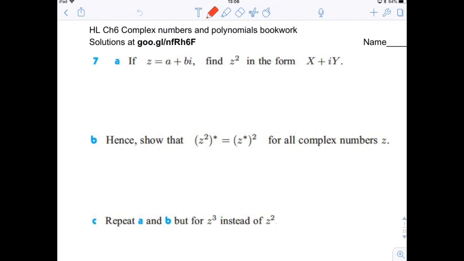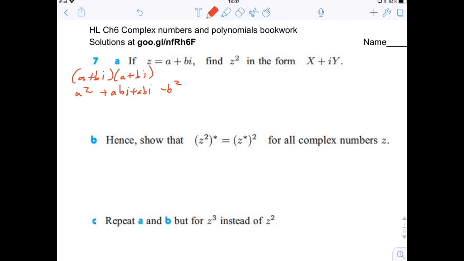So we have a plus bi times a plus bi. That's equal to a squared minus b squared, and the two inner terms are plus abi plus abi.